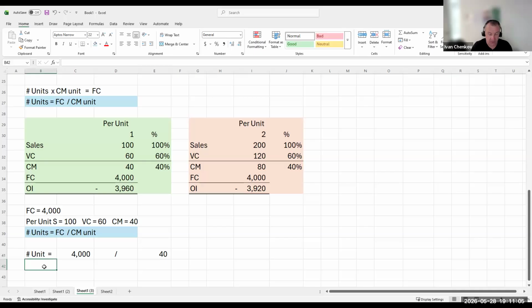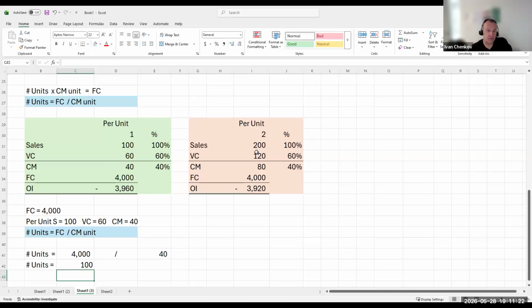So the number of units that I need to sell should be equal to 4,000 divided by 40, which is 100 units.